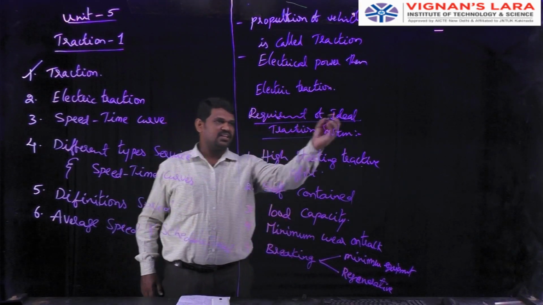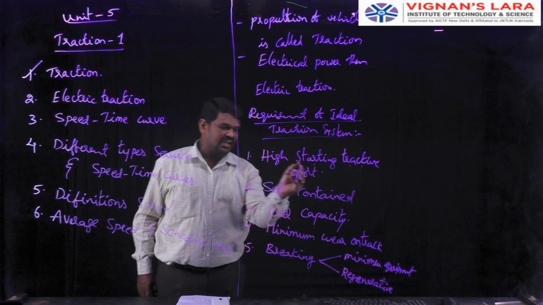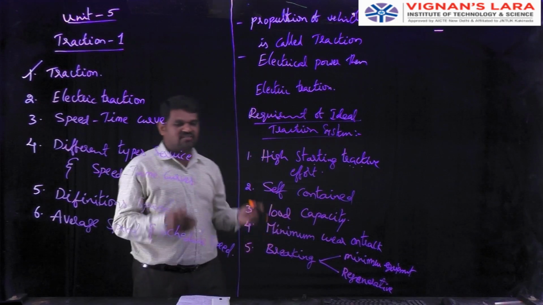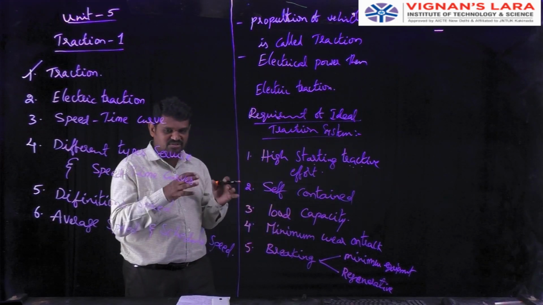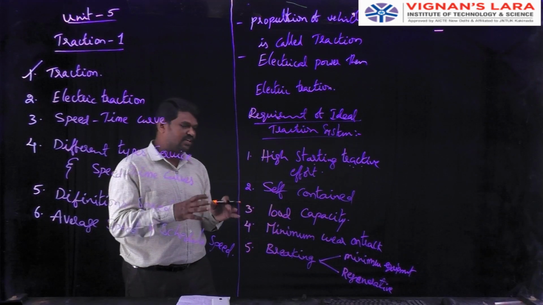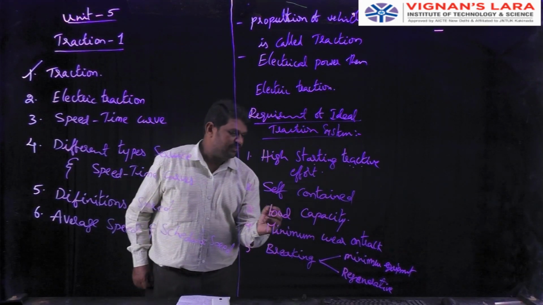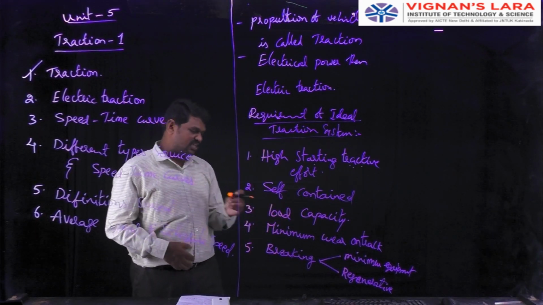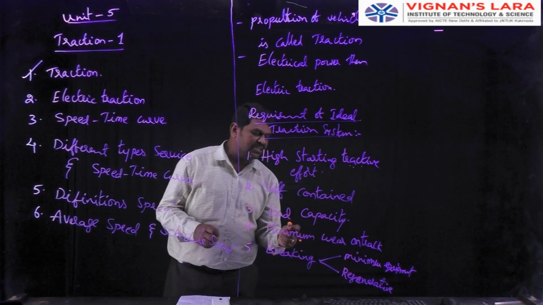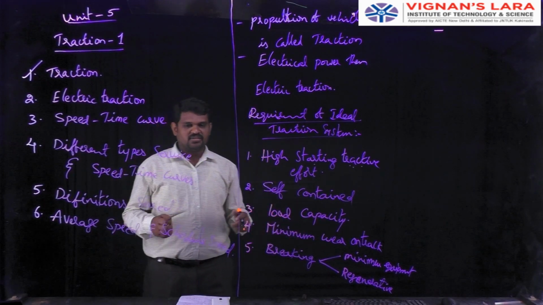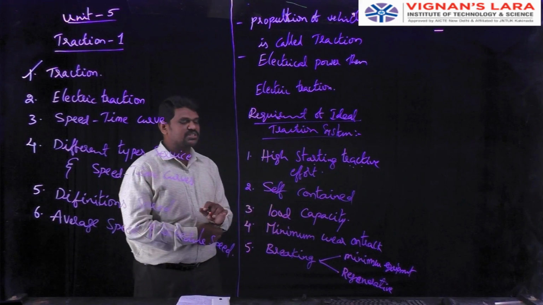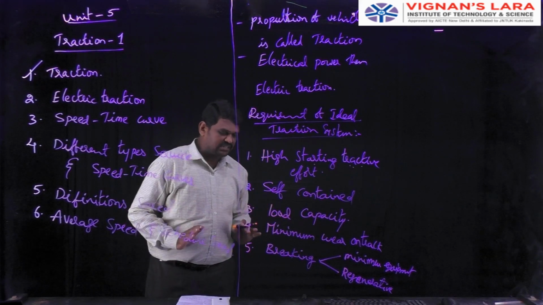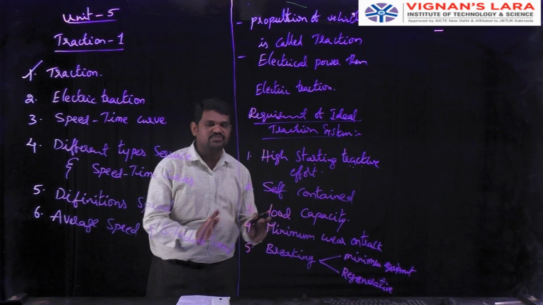See here, what are the requirements of an ideal traction system? It should have high starting tractive effort or high starting torque, and it should be self-contained. Whatever equipment is used for the propulsion, everything should be in that engine or wagon. The equipment should withstand overload for a short period, and the equipment on the track should be minimum, so that the traction system can easily propel the vehicle.